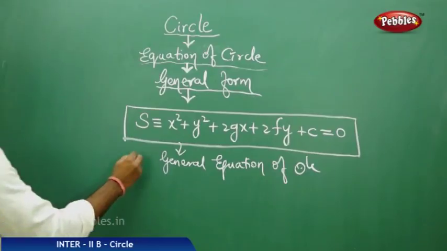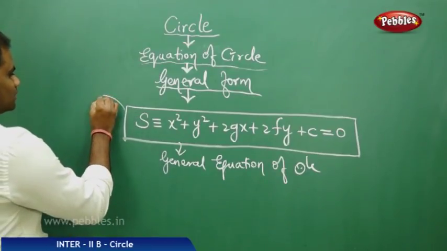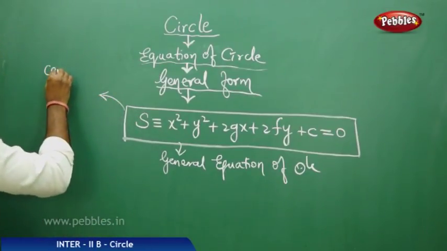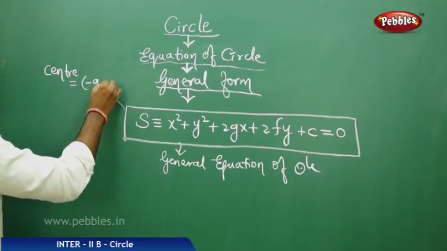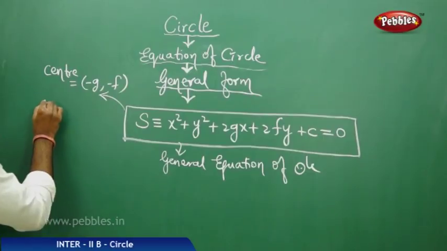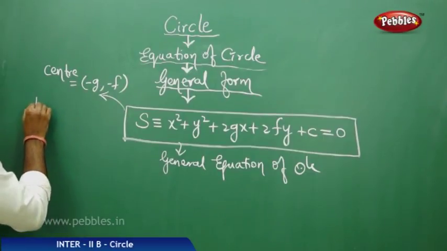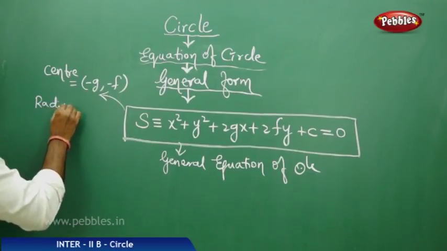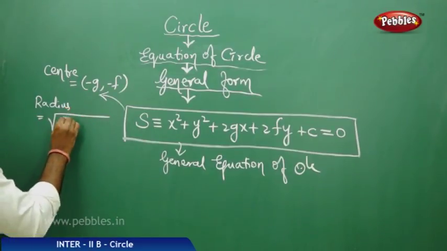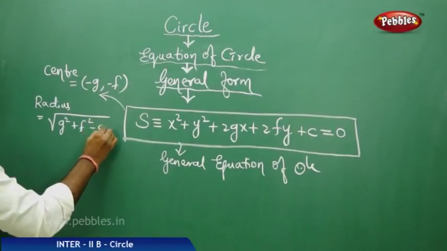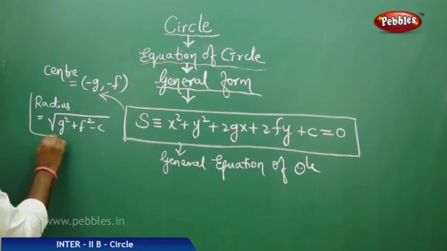And here the center of this circle will be (minus g, minus f), and the radius is root of g squared plus f squared minus c.